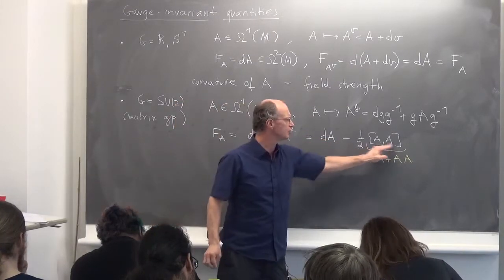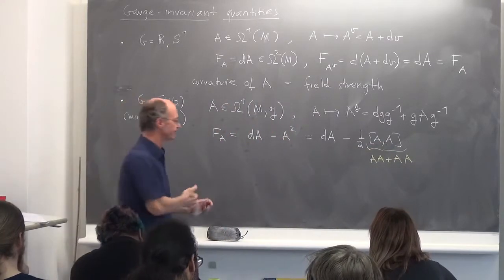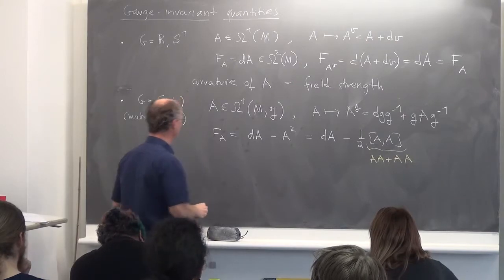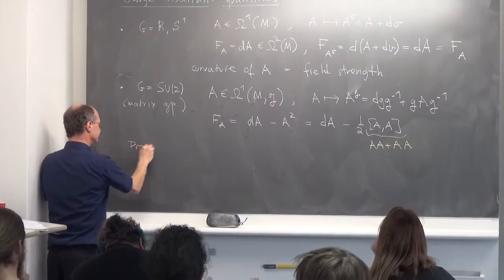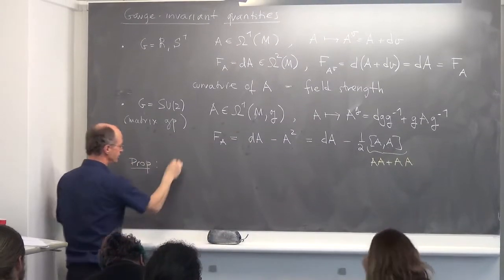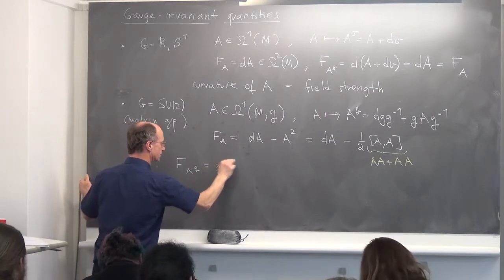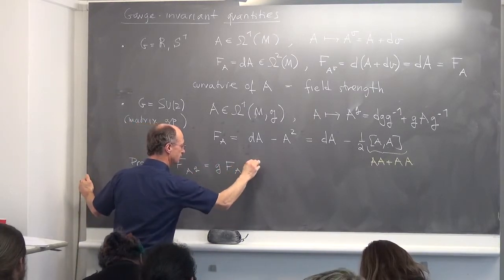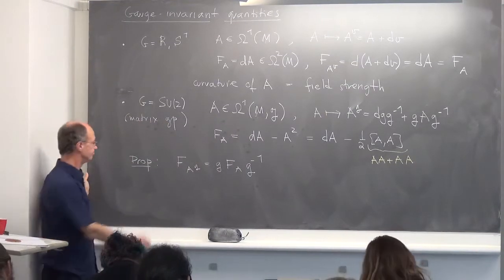So this is more conceptual because you can make sense of it also for non-matrix Lie algebras. Now the standard proposition: F of A^g is a conjugate of F_A by g.